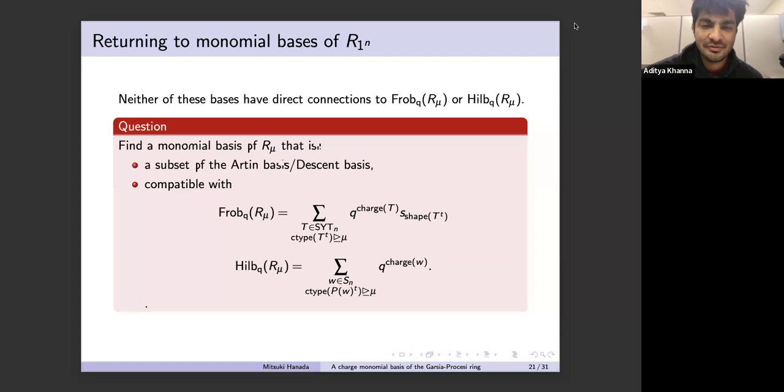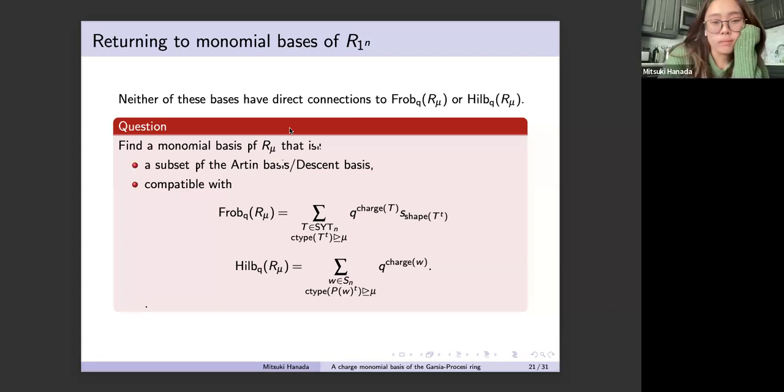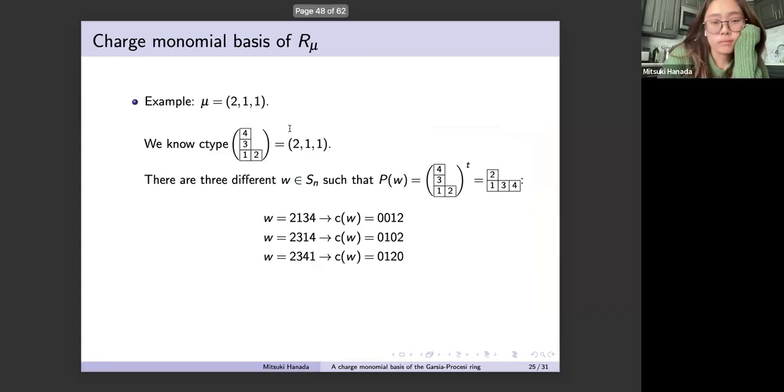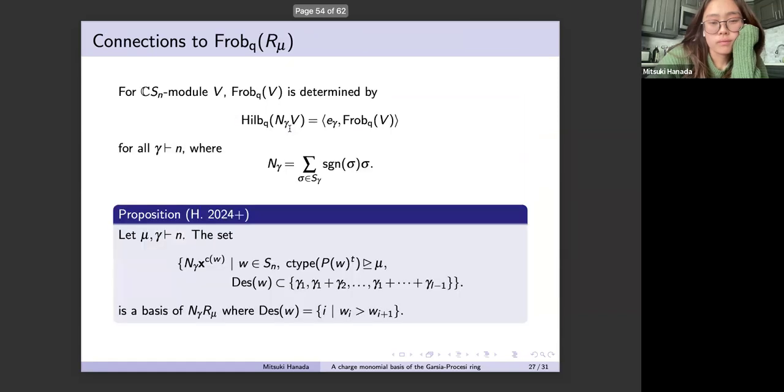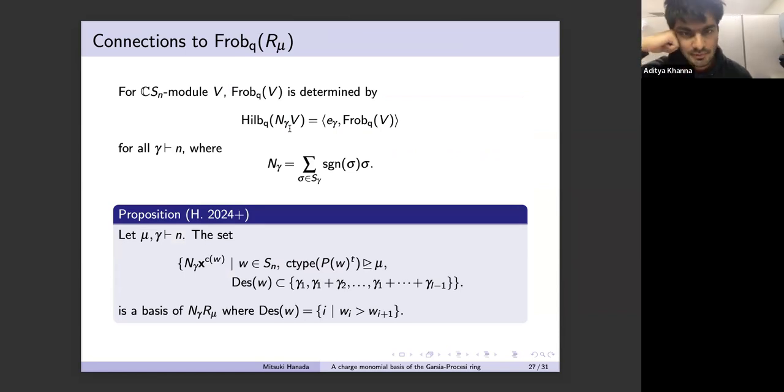Could you go back to the definition of n gamma? So is it that cycle type? I think I missed the definition of gamma.